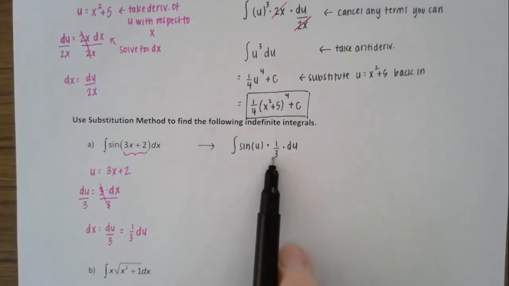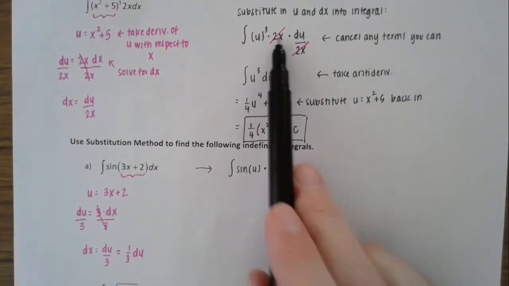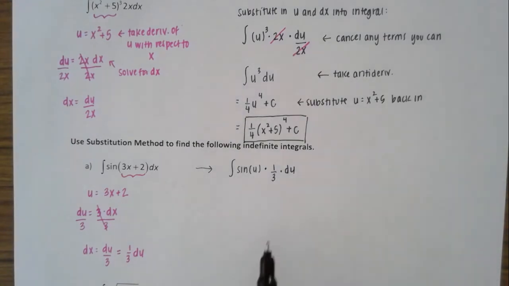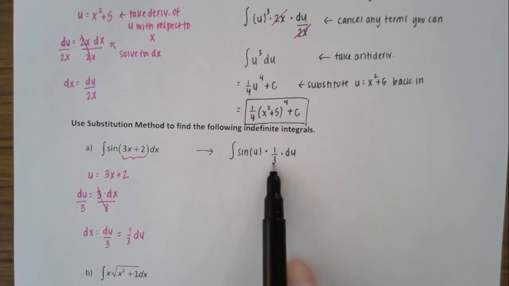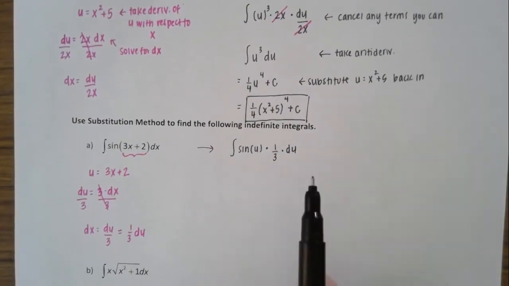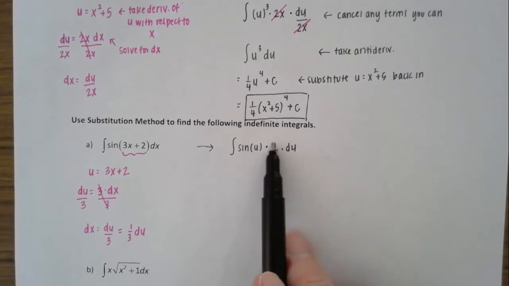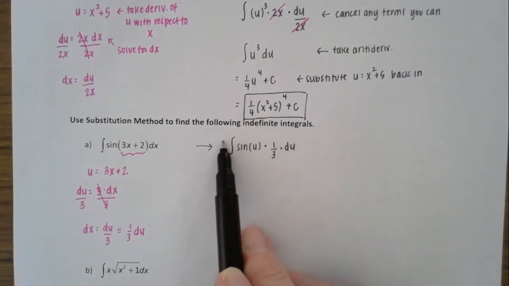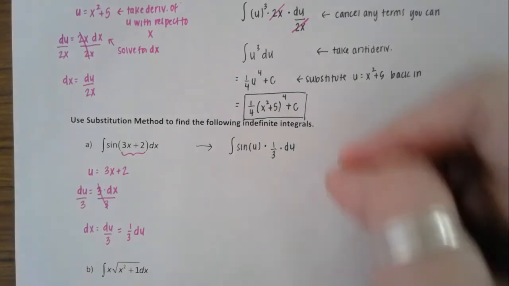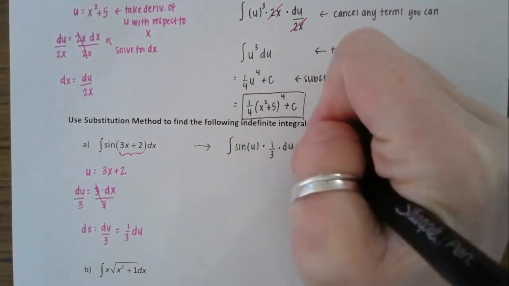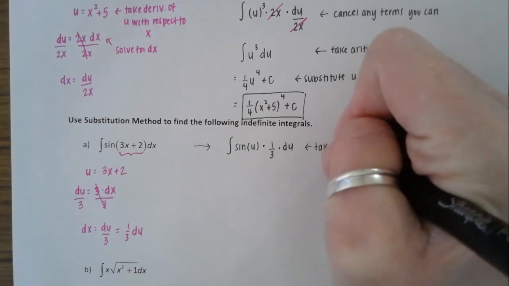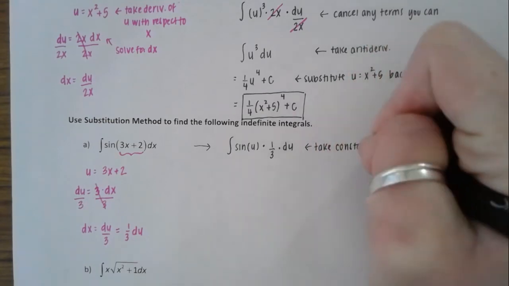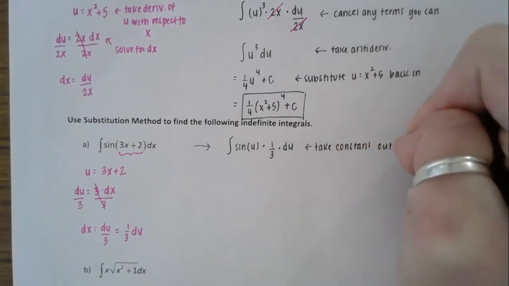So in this case, like the last one, we said that the 2x's ended up canceling out when we substituted in. Well, there's nothing to cancel out with this 3 here. But the nice thing about having just a constant is we can always pull those on the outside of the integral. So in this case, I'm going to take the constant out of the integral.